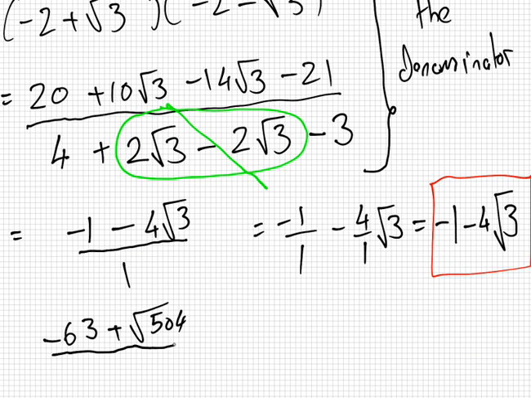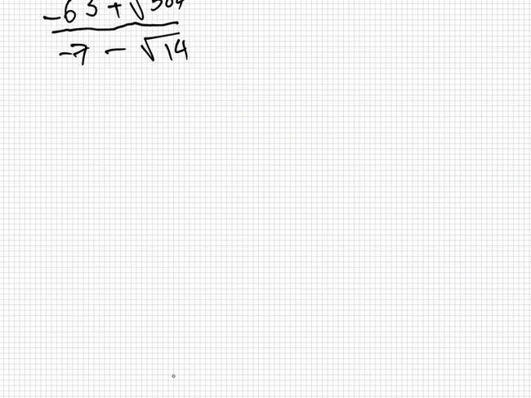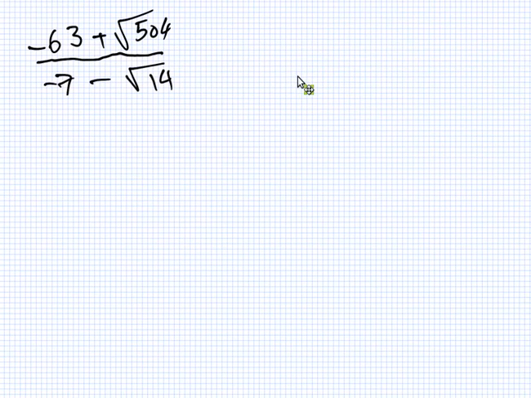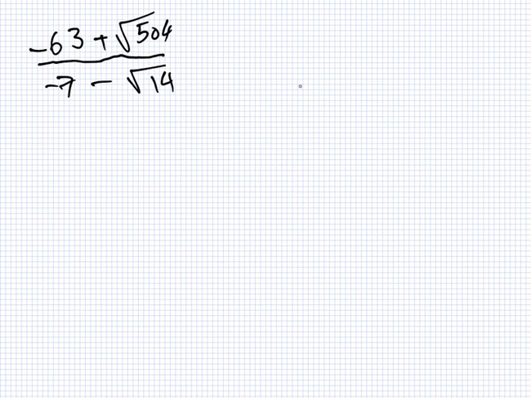So that's really good. Minus 10 plus 7 root 3 divided by minus 2 plus root 3. So this is a good start. But does anybody know what I would need to do next?